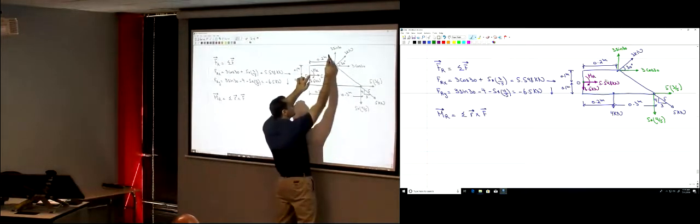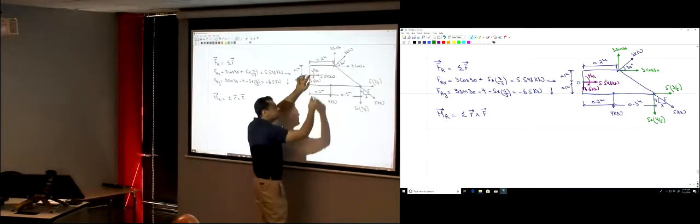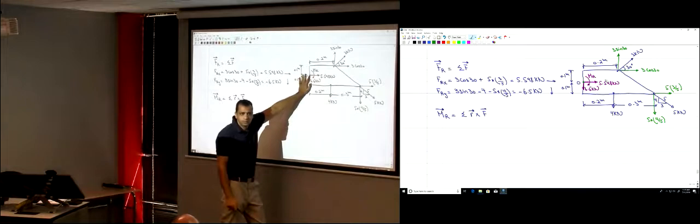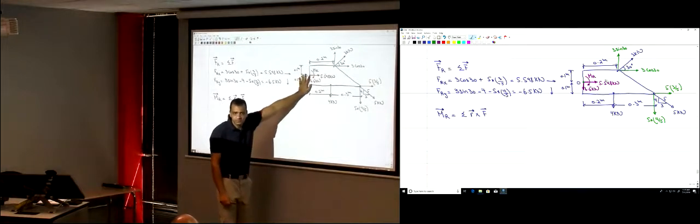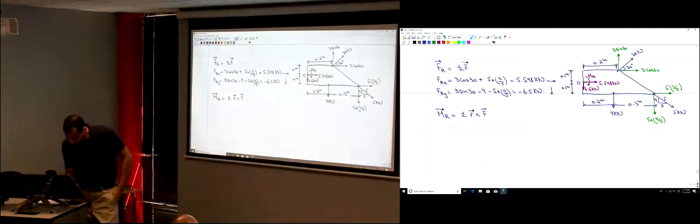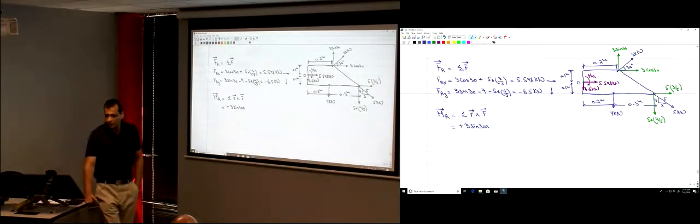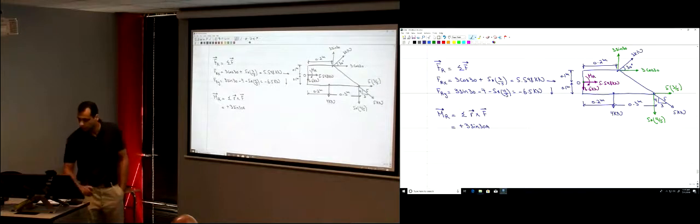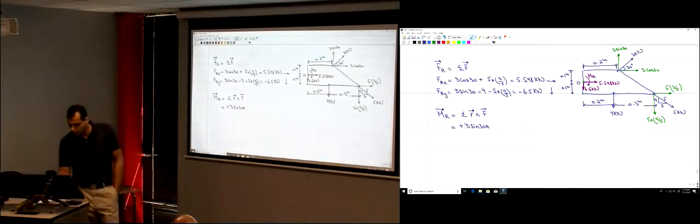Is it rotating clockwise or counterclockwise about point O? Counterclockwise, so it's positive. So here I have positive 3 sine 30 multiplied by its distance to point O. How much is its distance to point O? 0.2 meters.